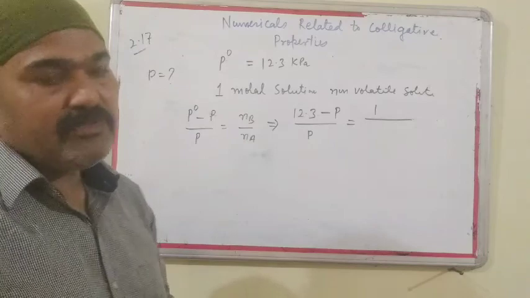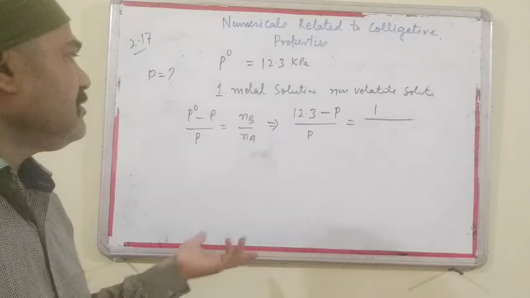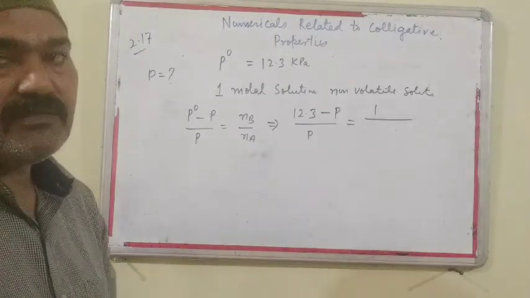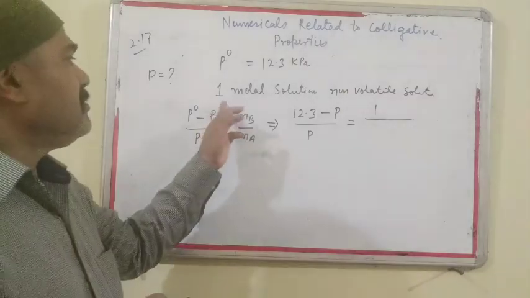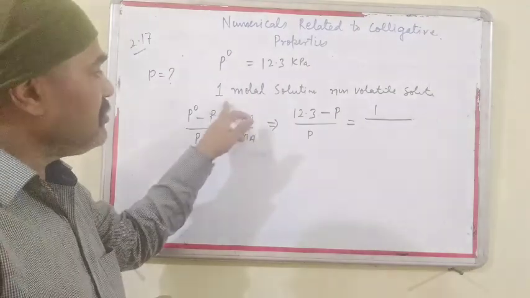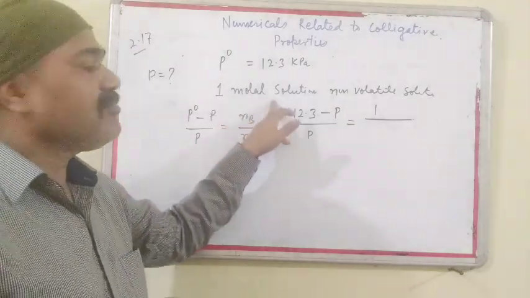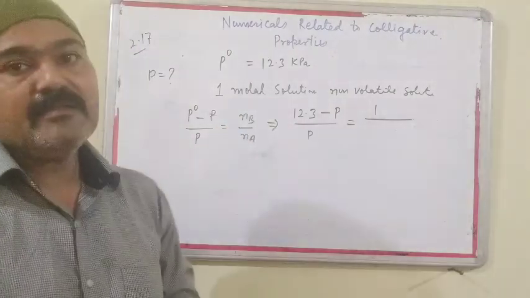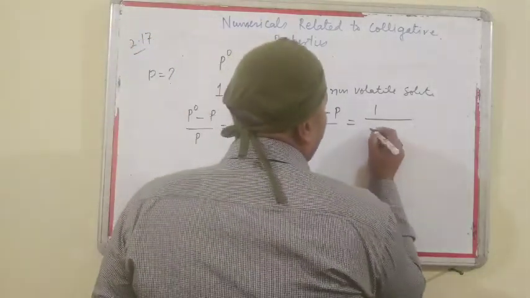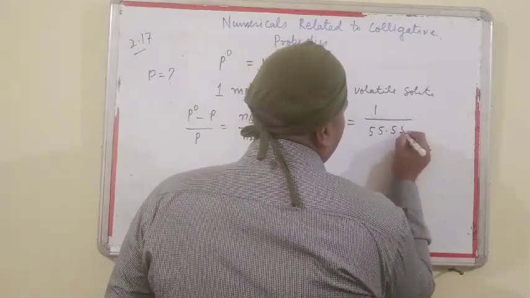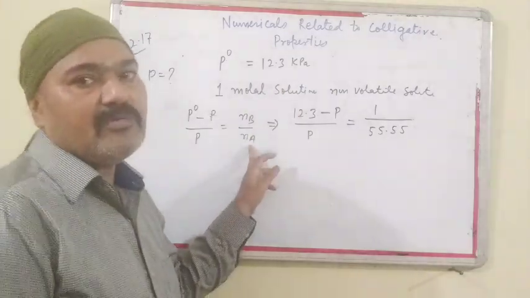And this is the aqueous solution, so the solvent is water. The solution is 1 molar, means the mass of the solvent will be 1000 gram. When 1000 gram of the water is taken, it contains 55.55 moles. So I am writing 55.55 for the number of moles of the solvent.